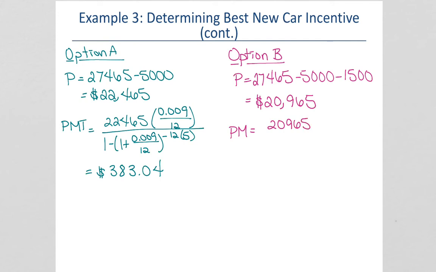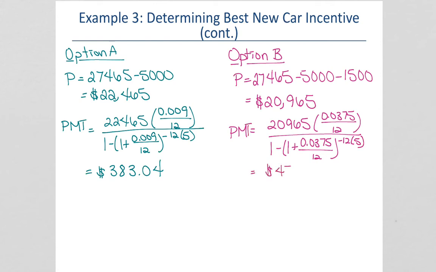So we use that number for P. But this time our interest rate is 0.0375. So the interest rate is a lot more this time, even though he put more down. So his payment will be $471.03. A lot more.